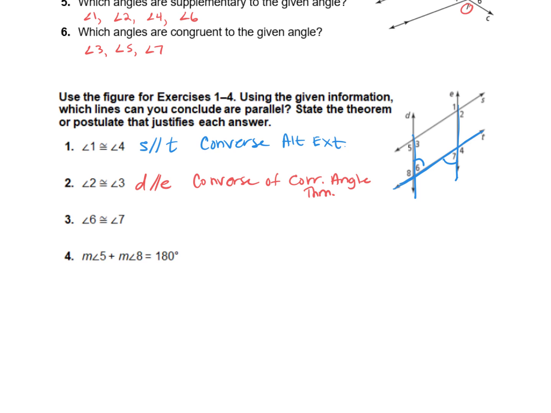So I think that D is parallel to E. And how do we know what angle pair 6 and 7 are? Those are alternate interior angles. So if you start out with alternate interior angles being congruent, the converse of the alternate interior angles theorem leads us to having parallel lines.